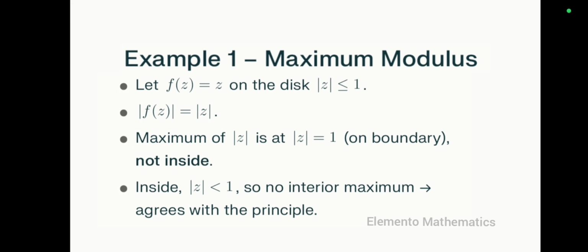Inside the disc, |z| is less than 1, and on the boundary |z| is equal to 1. So the maximum of the modulus of the function is exactly on the boundary, not inside. This matches the principle because the function f(z) = z is analytic and not constant.